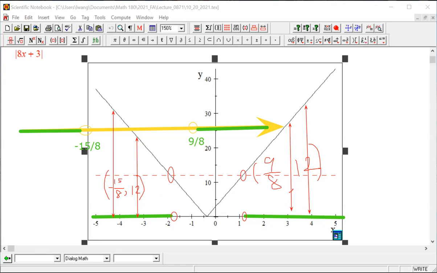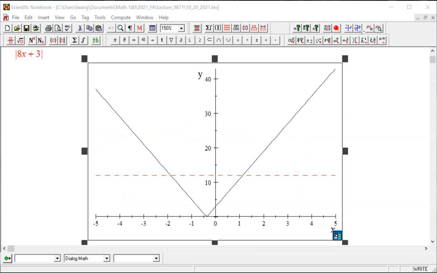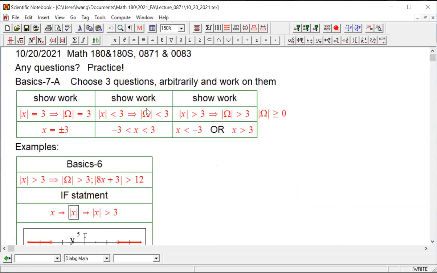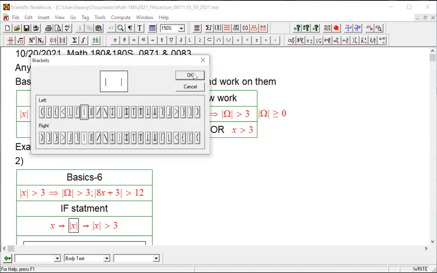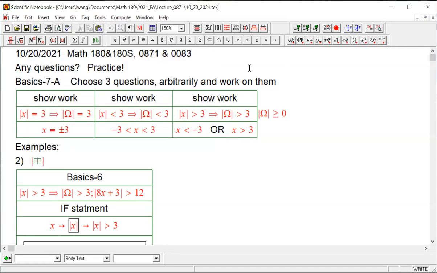So Christopher asked me to do number 2 on 7A, not a problem. So let's go there. Number 2, we have the absolute value of 16x less than or equal to 8.